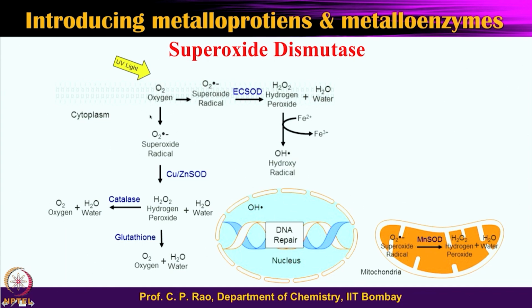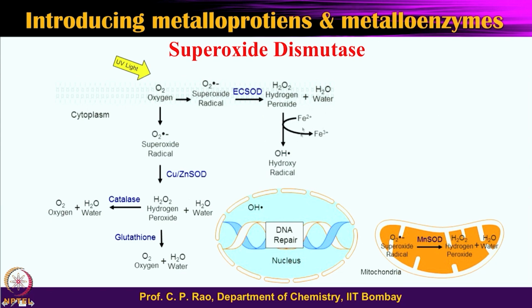On the other side, you can see oxygen with the copper zinc superoxide dismutase, that is what we are going to study now, and this will convert it into H2O2 plus water. If you have a catalase, that can further degrade H2O2 to H2O and O2. So SOD and catalase together can completely remove the superoxide species, as long as there are no iron or metal ion species which undergo redox, it can be iron, it can be even copper.